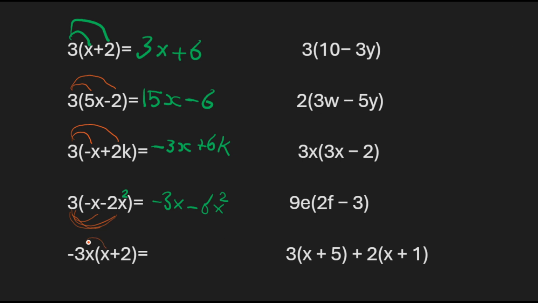Next question. -3x(x + 2). I'll multiply here. I'll multiply here. I don't get scared at the question. No, I'll just do it. So that's also what you should do. Now, negative 3x times x.